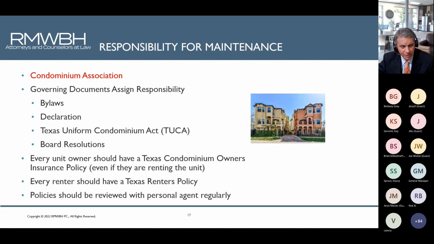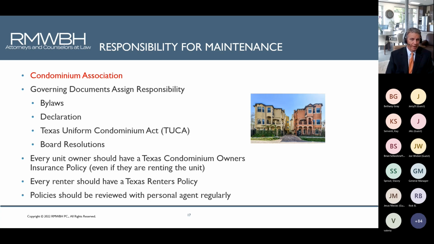Condominium associations, who's responsible for what? You look at the governing documents; they assign responsibility: the bylaws, declarations, TUCA, and specific board resolutions. It says here, every unit owner should have a Texas condominium owner's insurance policy, even if they're renting the unit. We talked about this a little bit earlier. Encouraging, and again, some governing documents require each unit owner to have their own insurance policy.